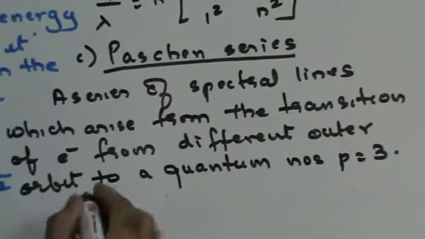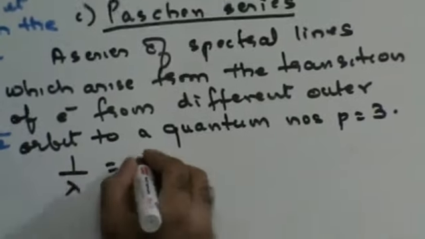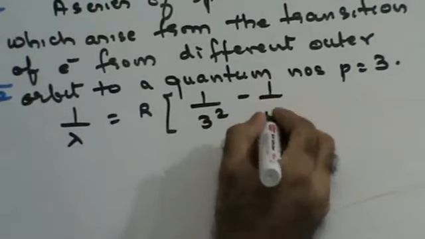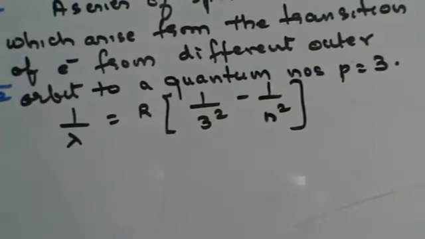So the equation for Paschen series will be 1 upon lambda is R times (1 upon 3 square minus 1 upon n square). That is going to be my Paschen series, right?